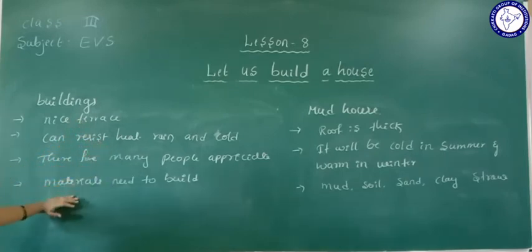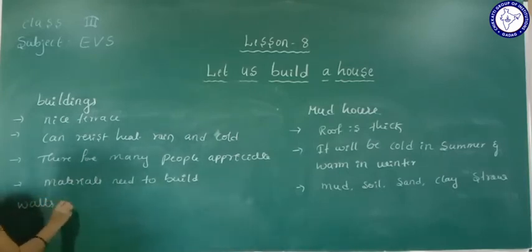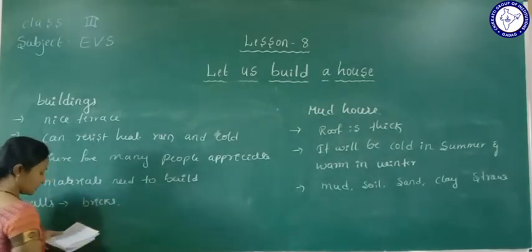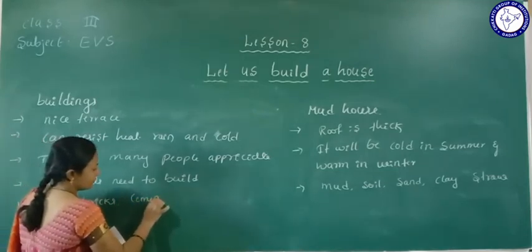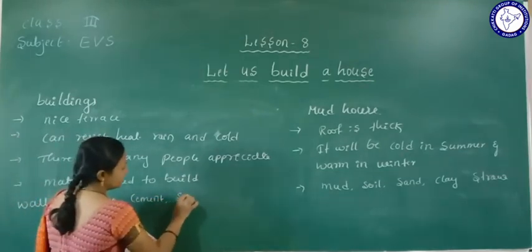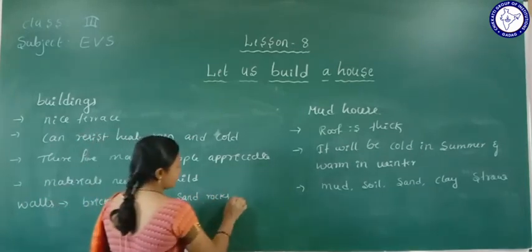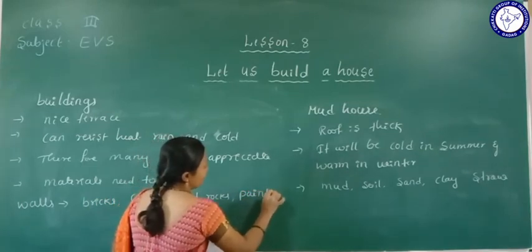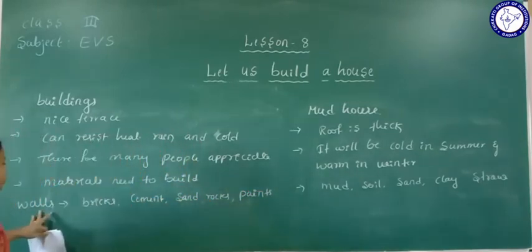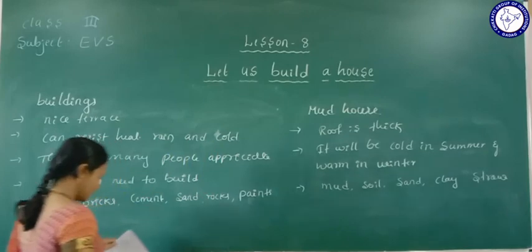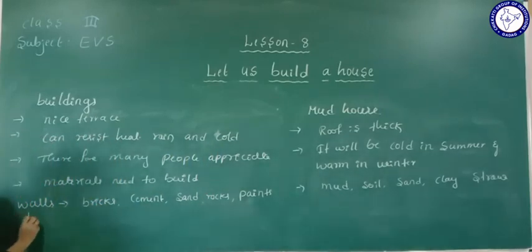Okay, so which are the materials used to build this house? For walls, which are the materials used here? Bricks, cement, sand, rocks and also paints. Okay, so next one, doors. Which are the materials used to build a door?